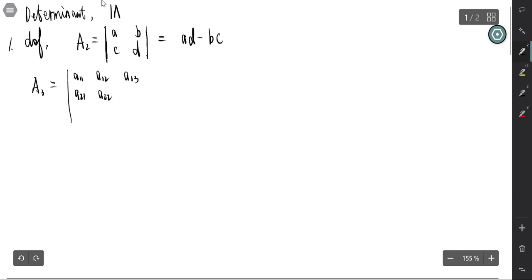Sometimes we write the determinant as A in two vertical lines, or the determinant of A. If A is a matrix, we write the determinant of A. The third-order determinant.